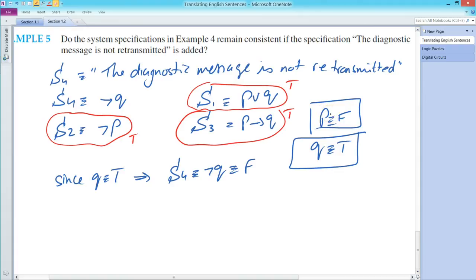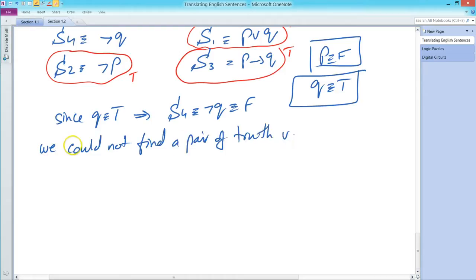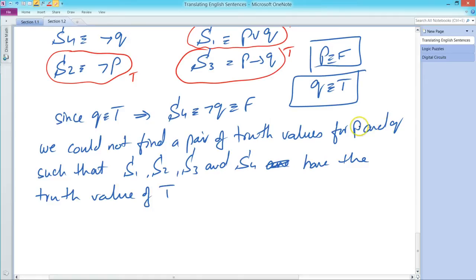So this gives us the conclusion, okay, because we could not find a pair of truth values for P and Q such that S1, S2, S3, and S4 have the truth value of true.